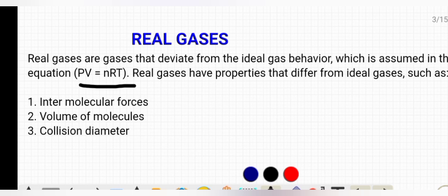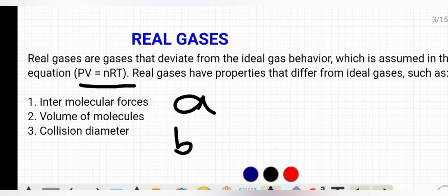All right, so real gases have properties that differ from ideal gases, such as the intermolecular forces. In the van der Waals equation, we're going to see it being represented with a, the volume of the molecules, and also the collision diameter presented by b.